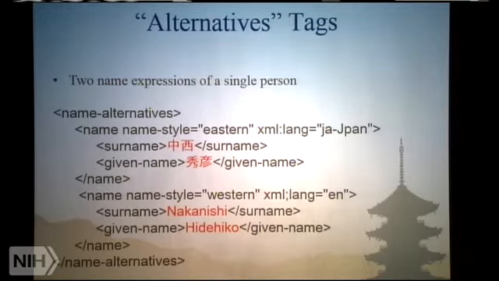In the example on this slide, an author name is expressed, one in Japanese as Nakanishi, Hidehiko in Japanese, and the other in the Latin alphabet, Nakanishi, Hidehiko. These pronunciations are the same, but the expression is different.